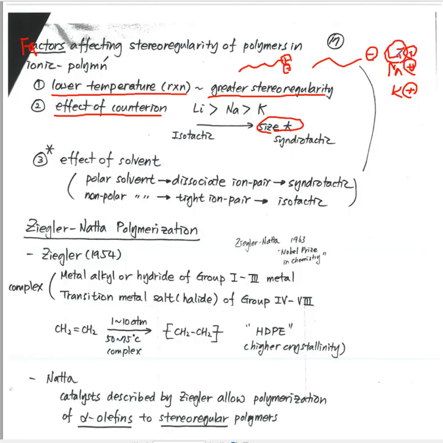Charge density means the charge per volume, because it has the smallest volume. Because of the largest charge density, this lithium ion is more closely attached to the negative ions on the polymer chains. Because of this close distance between the polymer chains and the counter-ion, lithium as a counter-ion tends to form more isotactic polymers.